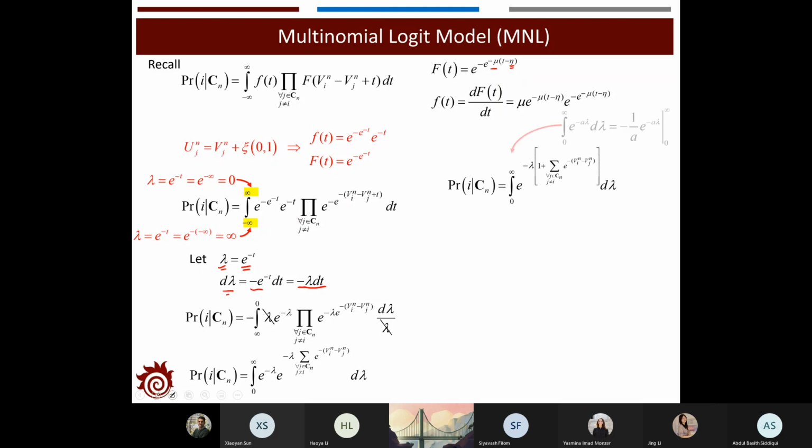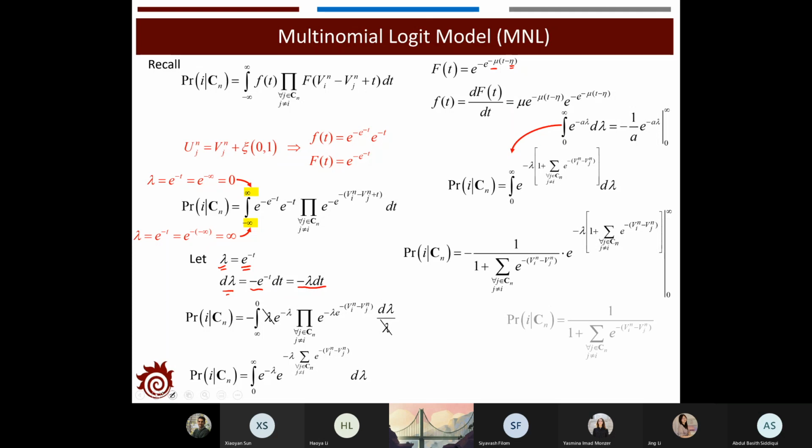So for this whole integration, what you get is a very simple result. This is the probability for the individual n to choose mode i, and you can see that this probability is only determined by the deterministic component of the utility.